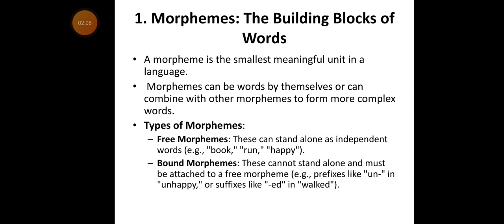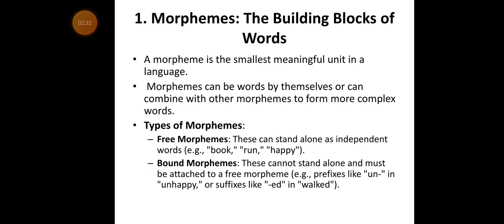Free means independent morphemes. Independent morphemes means the word all alone can give you a meaning, that is a meaningful word. And when we say bound morphemes, it means that the word is bound. The word is meaningless. The word needs someone to be combined with and provide us meaning.